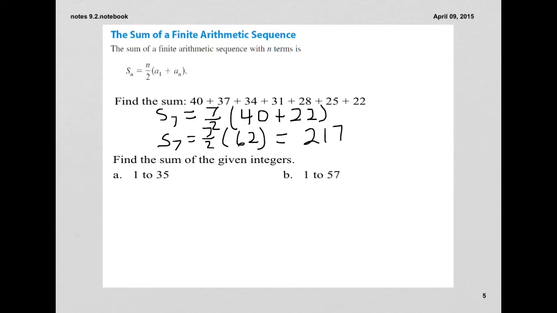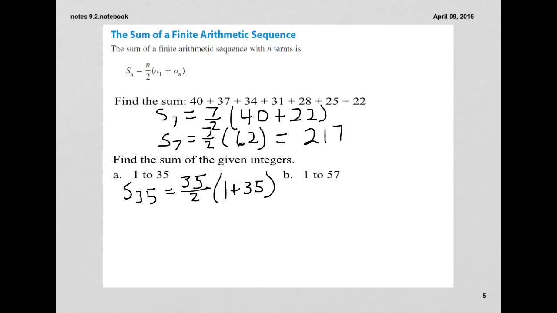Okay, well, let's find the sum of the given integers, 1 to 35. That means that my n is 35, so that's S of 35 equals 35 over 2 times 1 plus 35.